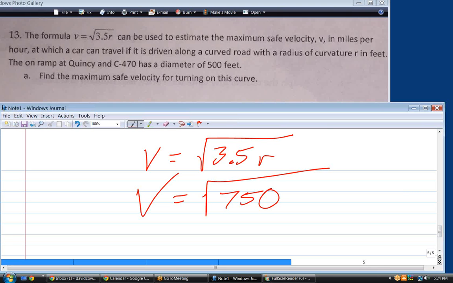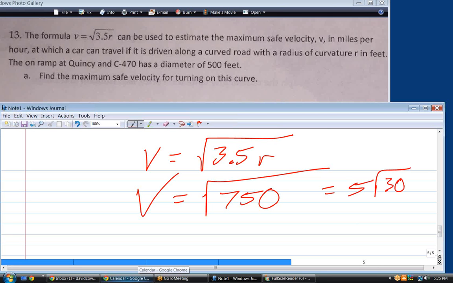Okay. Now, what is that? 5 times 150. I mean, let's see, that would be 25 times 30. So that would be 5 times root 30.